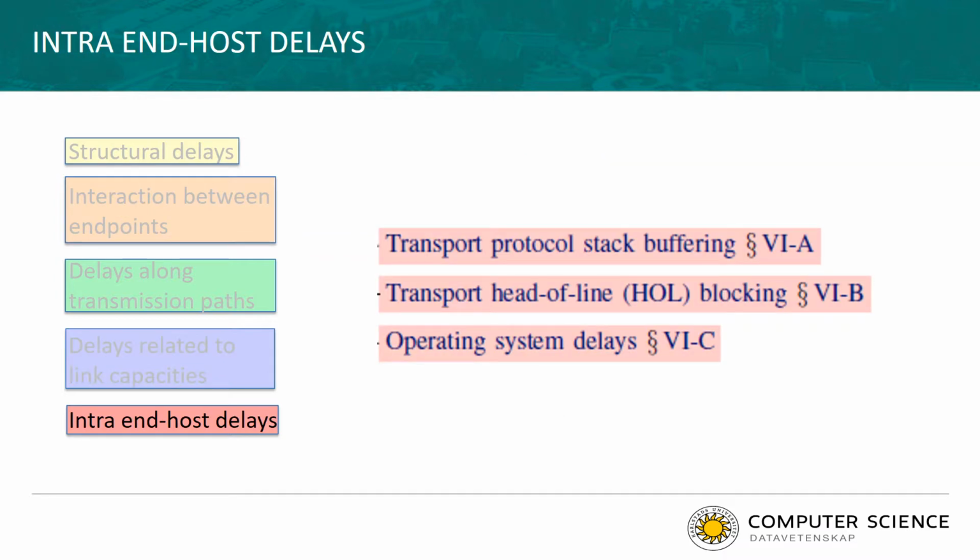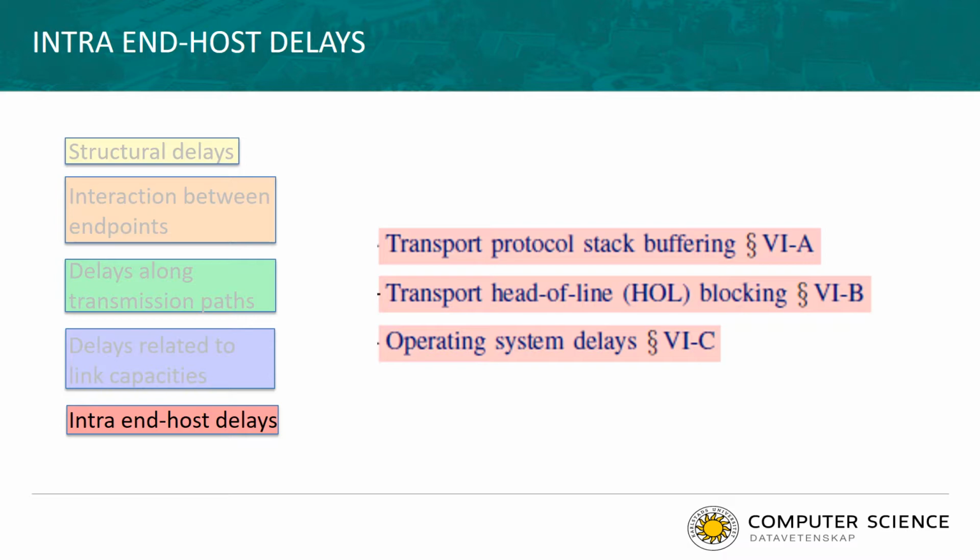Finally, we have the delays related to the intra-end host delays, the delays that are internal to an end host. And here we have, for instance, delays due to transport protocol stack buffering. And we have seen a lot of optimizations going into the Linux kernel in the last few years to try and reduce this delay. You also have a delay called transport head of line blocking.